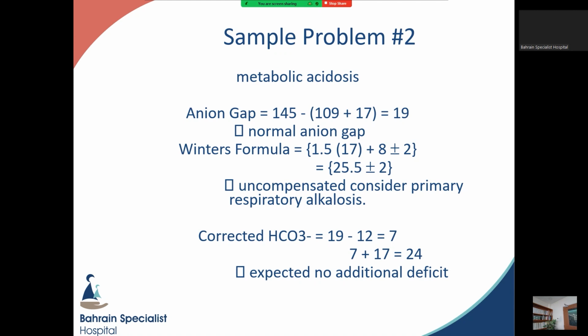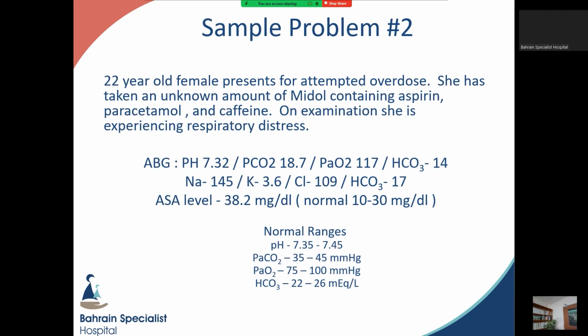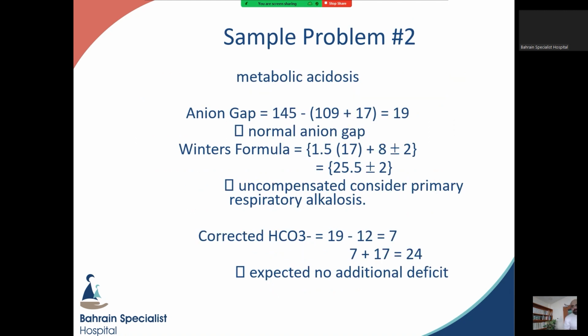Just a reminder, above 30 or below 23, it's 24 in the middle, so I'm expecting no additional deficit. So from here, we came to know the importance of the Winter's formula. If you see this case, you will look at the pH, acidosis, here acidosis, here, sorry, alkalosis, here acidosis. So the Winter's formula helped me to know this is a primary respiratory alkalosis with a metabolic acidosis.